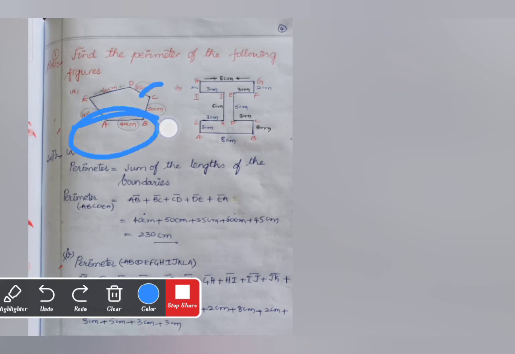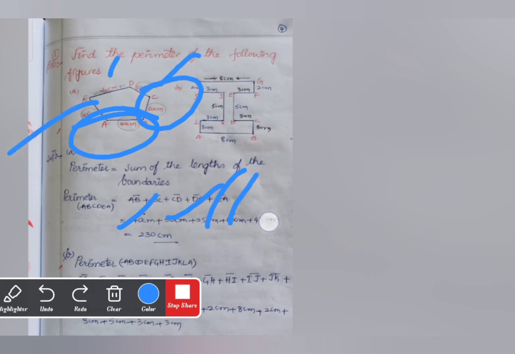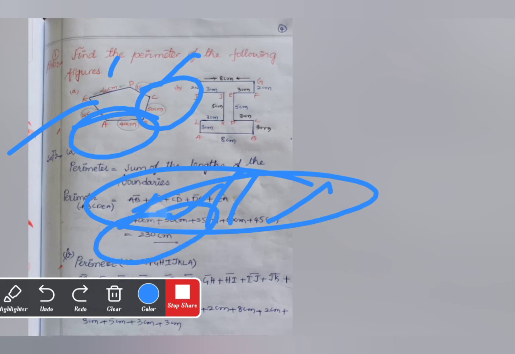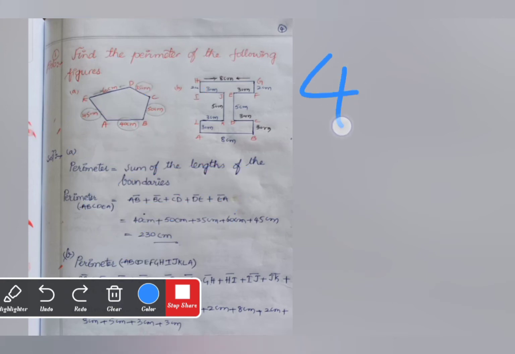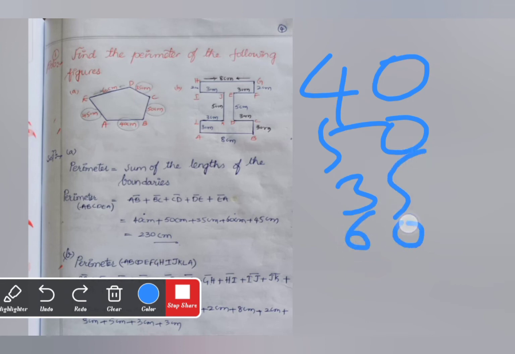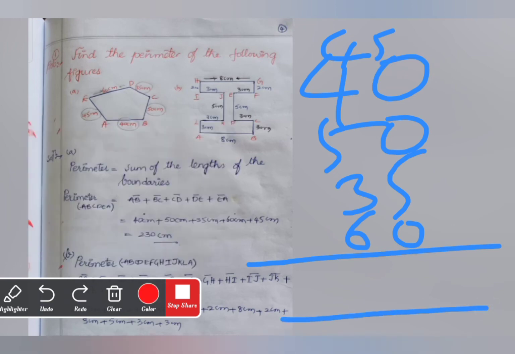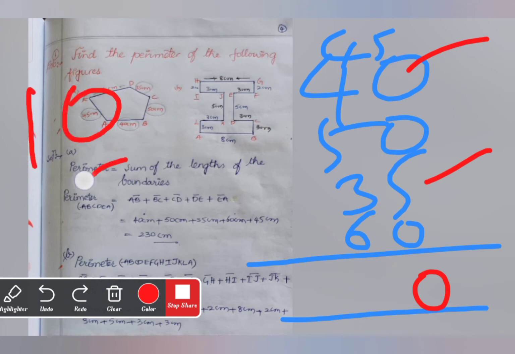40 plus 50 plus 35 plus 60 plus 45. If we add them all, we will get 230. 5 plus 5, 10. 0 in 10 means at ones place we are getting 0.